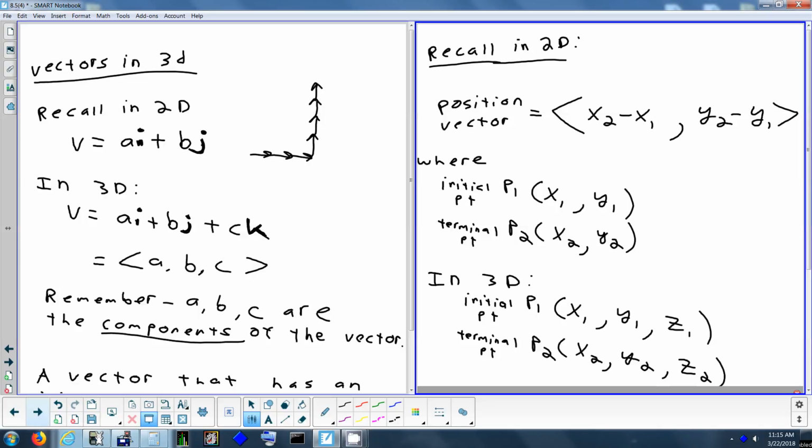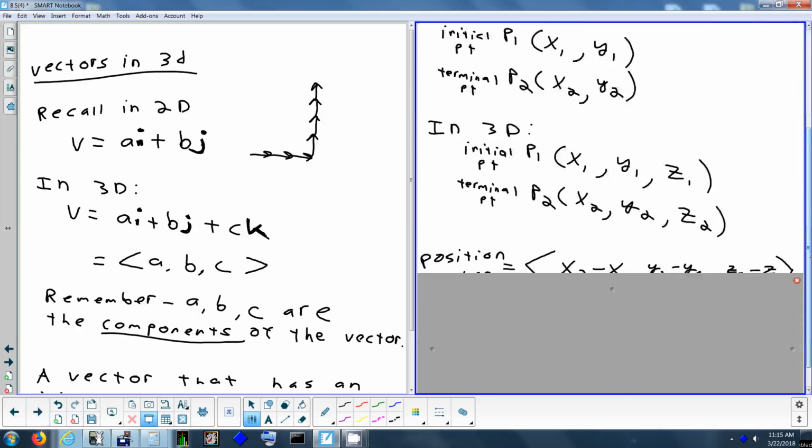Yeah, all you're going to do is one more calculation. In 3D, you still have to find the difference between the x's, the difference between the y's, but now you also have to do the difference between the z's. That's pretty much how all the formulas work today in 3D. You're just looking at the pattern you had before and extending it one more time for the z-axis.